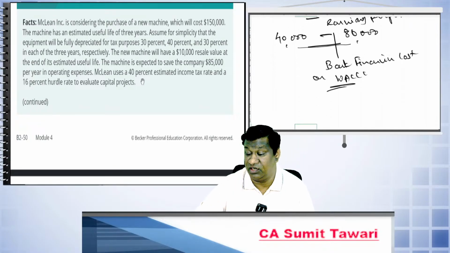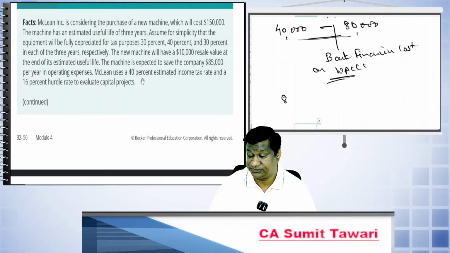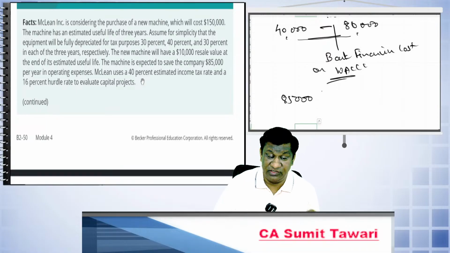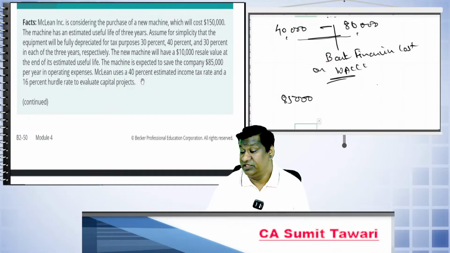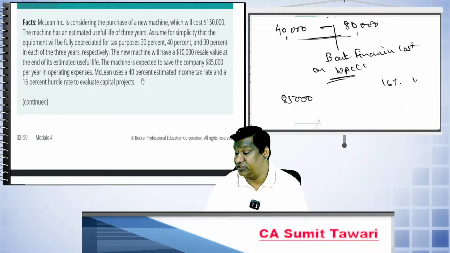So the incremental earning is 85,000. Even though it is a saving, we need to consider this as an earning. Maclean uses a 40% estimated tax rate and a 16% hurdle rate to evaluate the capital project. You can assume 16% is the weighted average cost of capital or bank financing, meaning incremental borrowing.